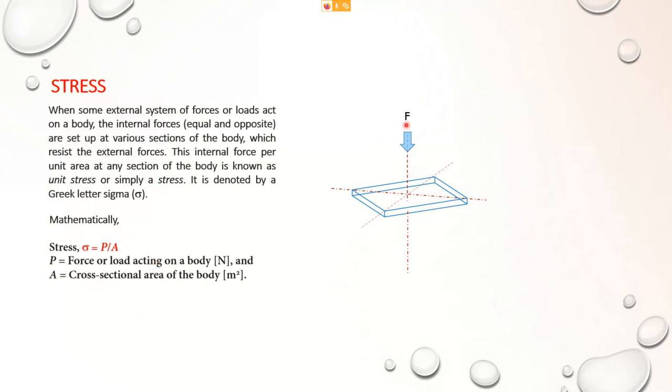So this is the force, usually represented by an arrow like that. We call this a concentrated load or a concentrated force, as we have said just now. It can be shown as an arrow in this form.